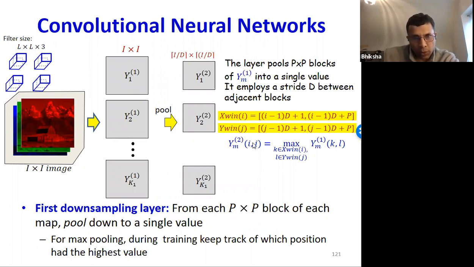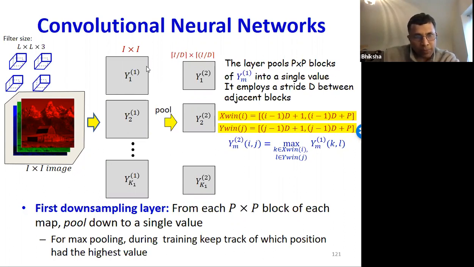If the pooling has some stride D, then for the ijth location, you're going to have to go to where you would be after i minus 1 strides in the horizontal direction, and j minus 1 strides in the vertical direction. And you're going to look at a small square region, a P cross P region, starting at that point, and you're going to pick the maximum value. So this is the max pooling operation.